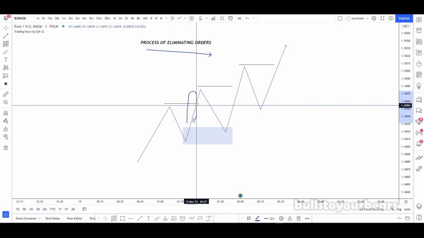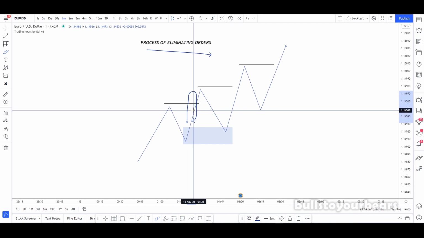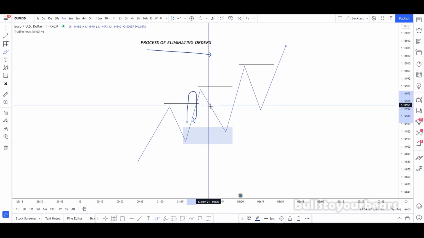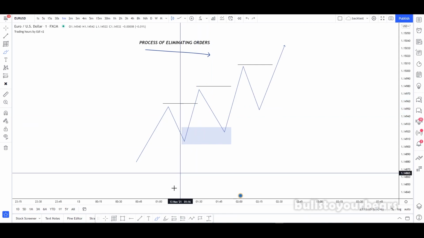Why? Because that is where the banks, I want you guys to open your ears big, have their orders before an impulsive move up. Why do I look for the candle that caused the break of structure? Because that is where the banks have their orders before an impulsive move up. If that makes sense.